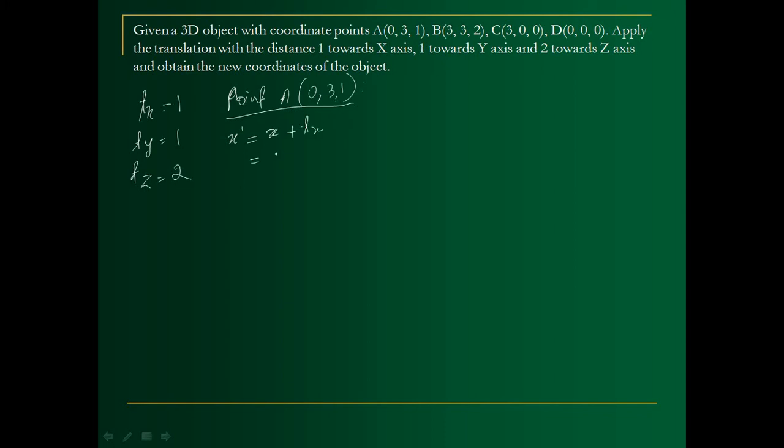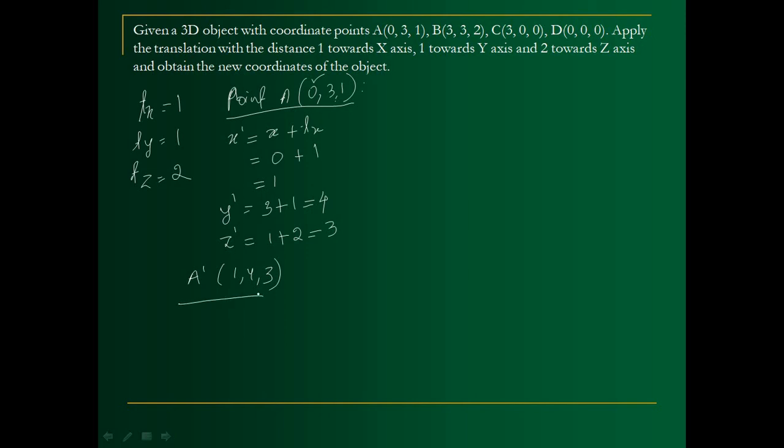Here we will have 0 plus 1, so your x dash will be 1. Likewise, your y dash will be 3 plus 1, which will be 4, and z dash will be 1 plus 2, which is 3. So your point A dash will be (1, 4, 3).